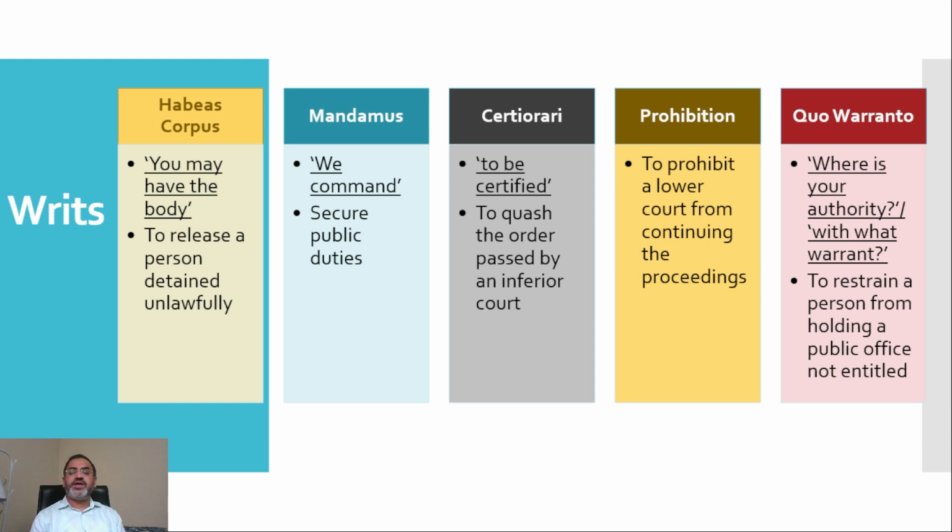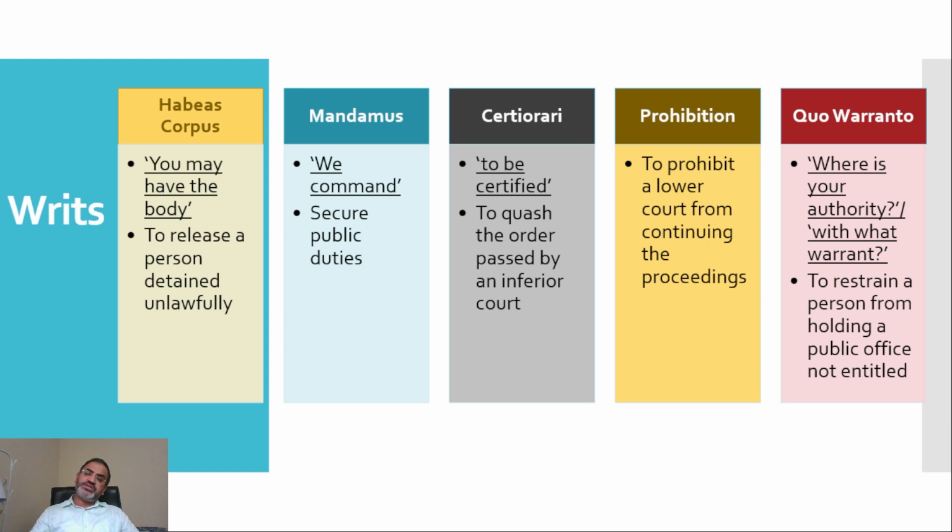And then we have prohibition. By this, the High Courts or the Supreme Court may prohibit the lower court from continuing the proceedings. In certiorari, the court can quash the proceedings, and in prohibition, there can be a stay on the continuance of the proceedings.